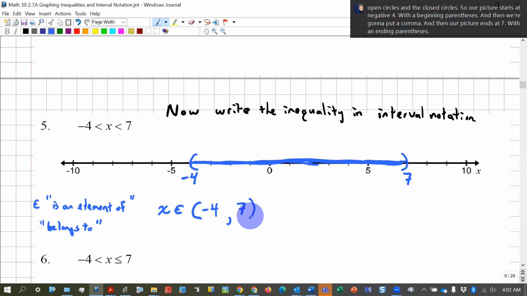So this says the number X belongs to, is an element of, is a member of the interval, the piece of the number line, between -4 and 7, but not including either endpoint.